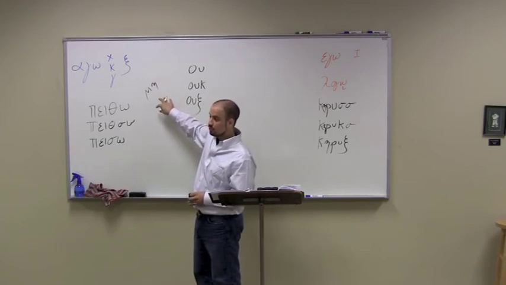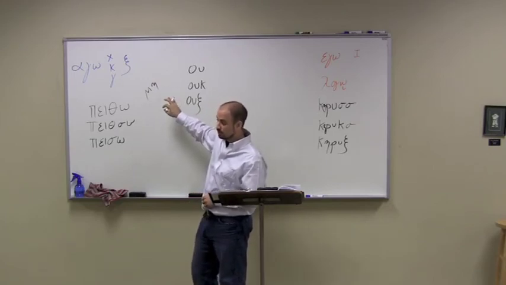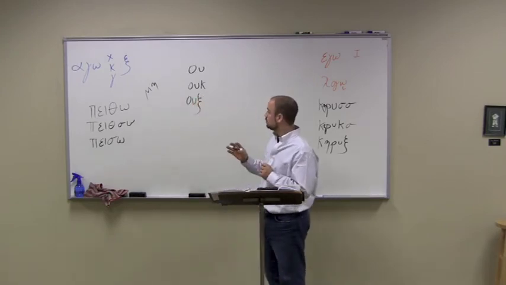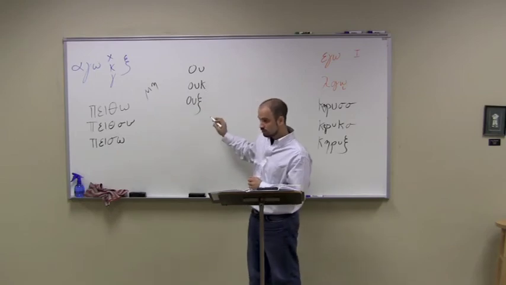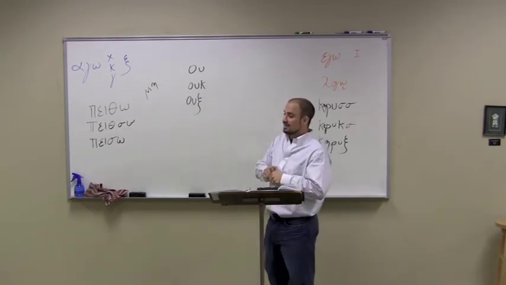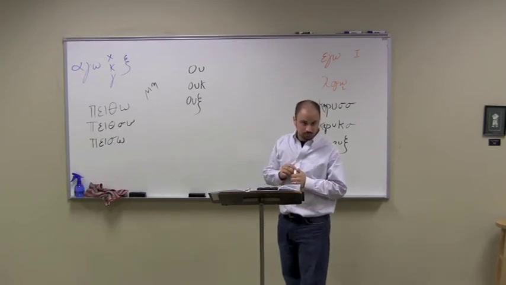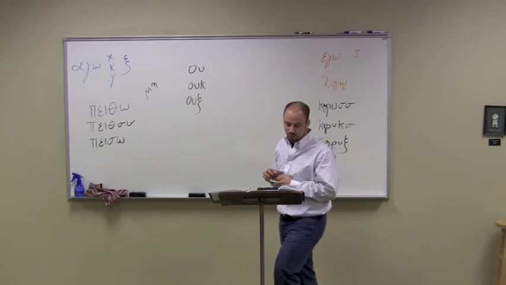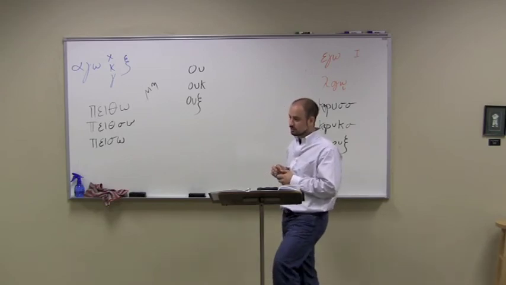You won't see it for a while. We're only working with the indicative mood right now. It's there. Don't bother yourselves too much. Oo, ook, and ooks all mean the exact same thing. It just negates the verb. It takes those different forms depending upon where it comes in a sentence.